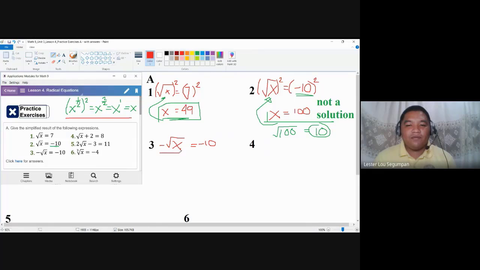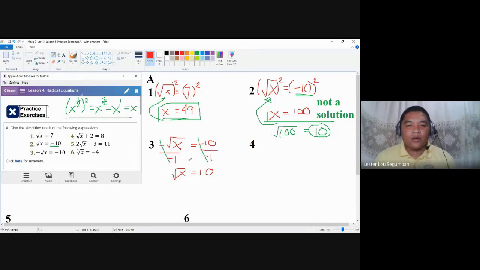So we could divide this by negative 1 so that we could cancel that out, leaving square root of x over 1, or simply square root of x. And of course, following the properties of equality, we also apply it here. Then we can already cancel out the negative, and this is equal to 10.